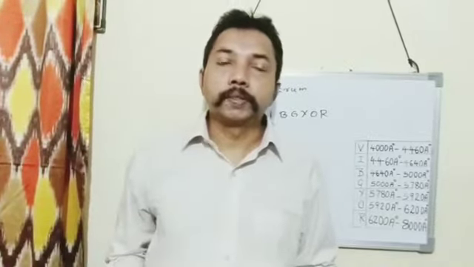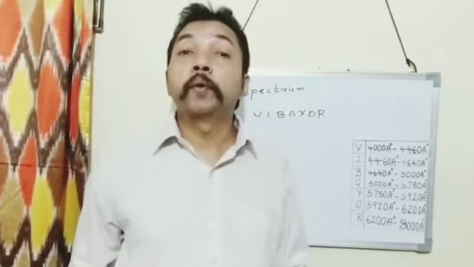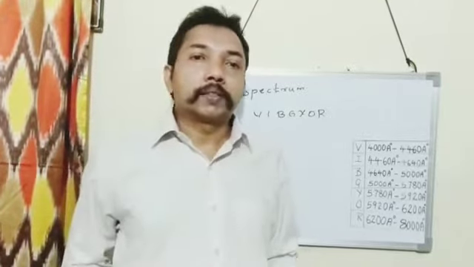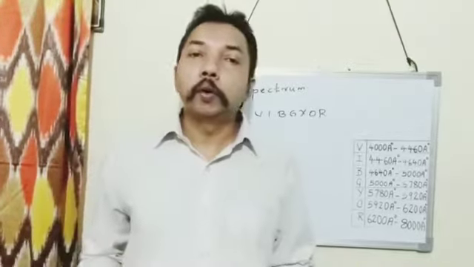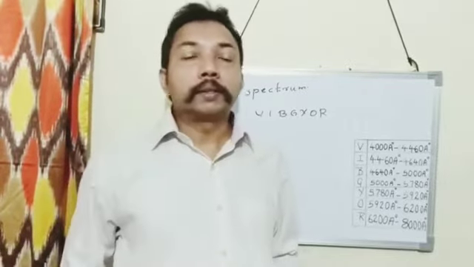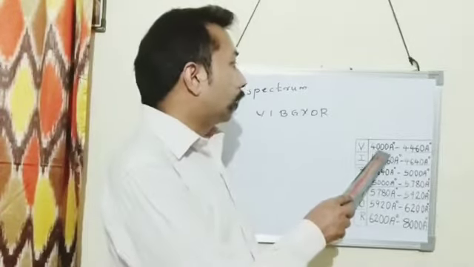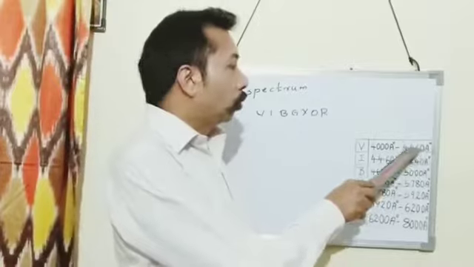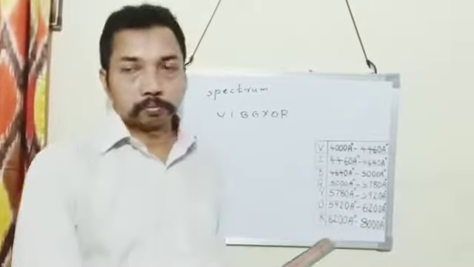The spectrum is the band of 7 colors formed from white light. And the 7 colors are violet, indigo, blue, green, yellow, orange and red. The wavelengths of these 7 colors are: violet has a wavelength of 4000 angstrom to 4460 angstrom.